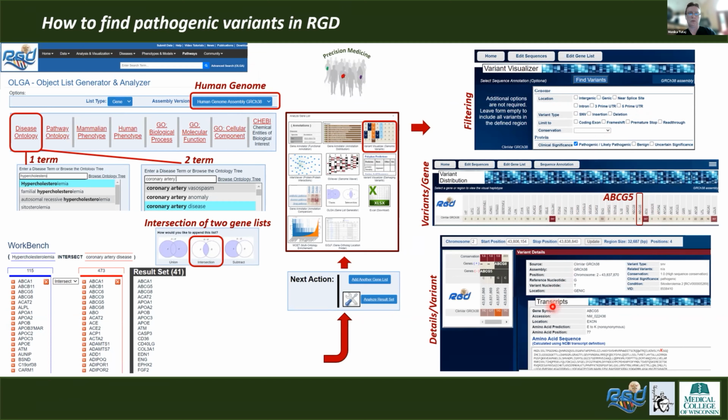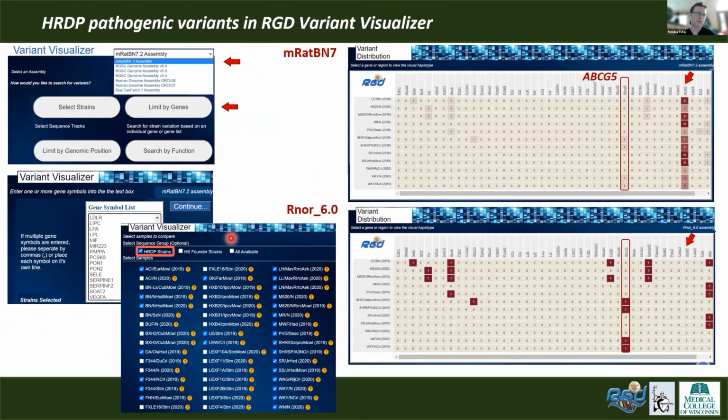Next, we want to see what we've got in our population of rats. So we are choosing the different assemblies and putting the gene list in. The next step is choosing the strains you are interested in. Here I'm showing the difference between RN7 and RN6, and right away I can see a nice difference. That's interesting.